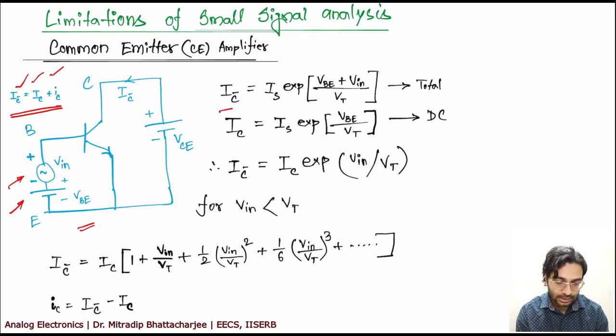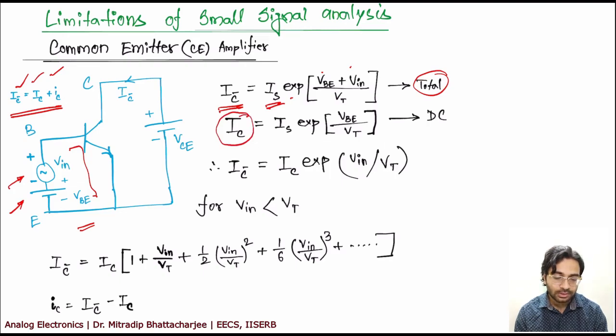Now the total current, again from the physics perspective, is equal to the reverse saturation current into exponential of VB plus Vin, because this is now your total voltage, VB plus Vin, divided by VT. This is your total current.